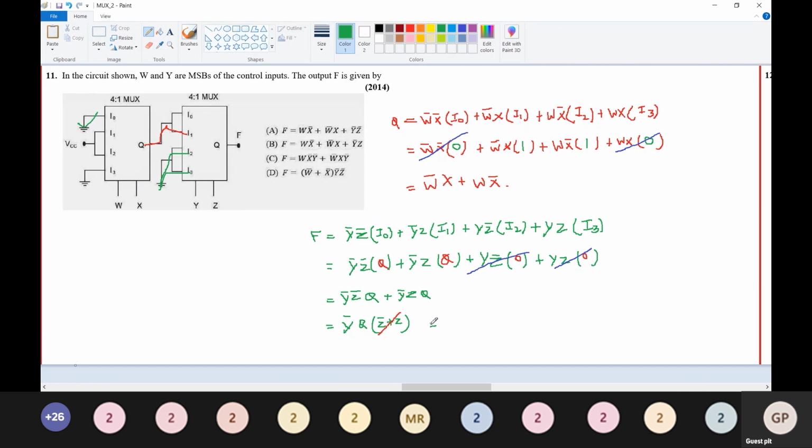So this is equal to Y dash into Q. Now the value of Q is W dash X plus W X dash.